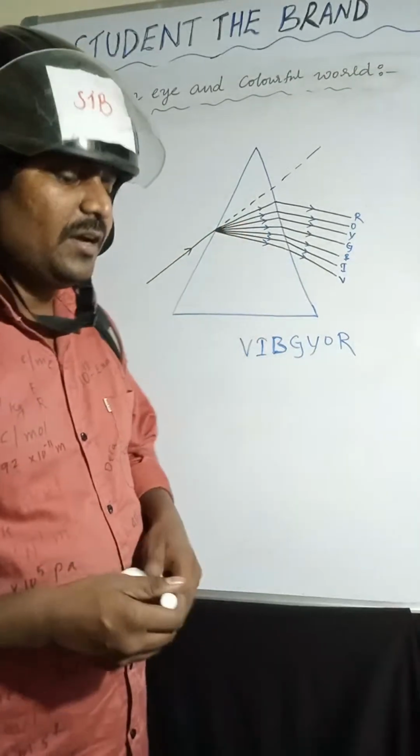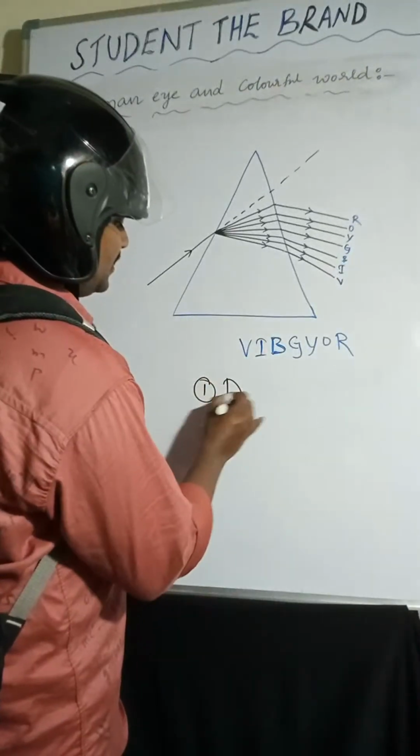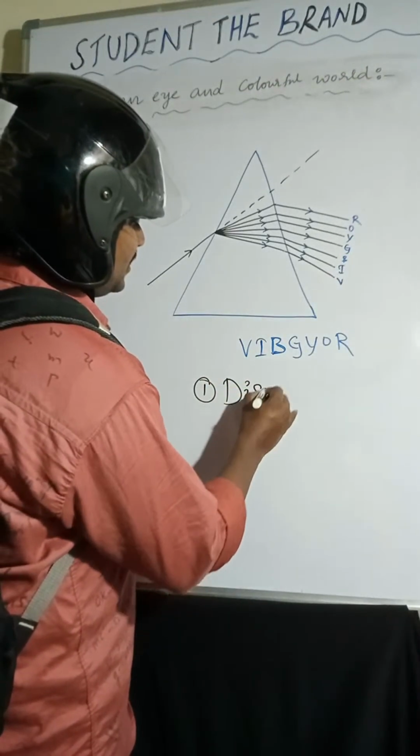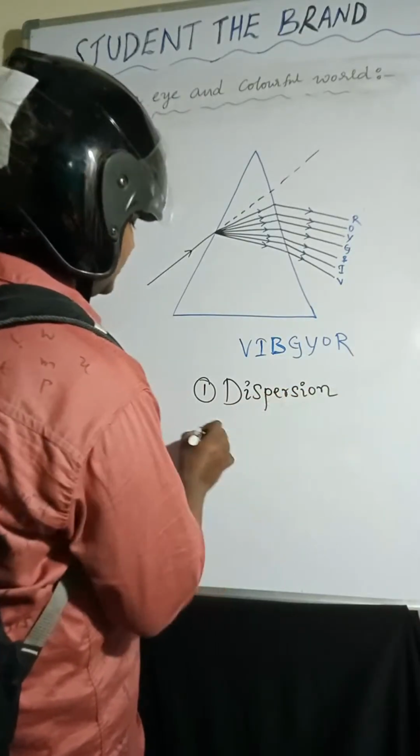So the phenomenon of splitting of white light into 7 colors is known as dispersion. Dispersion is nothing but splitting of white light into 7 colors.